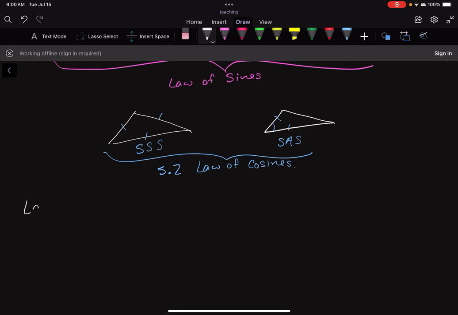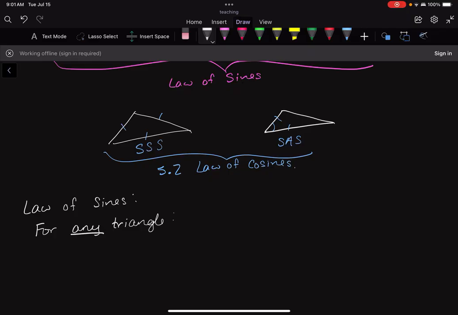So let me go ahead and write what the law of sines states. It says for any triangle. That's actually a pretty big statement, to say any triangle. What that means is that it doesn't matter what the angles are, it doesn't matter what the sides are. Law of sines will work. Technically, you could even use law of sines on a right triangle. Even if you could use Pythagorean theorem, you could use law of sines if you wanted to.